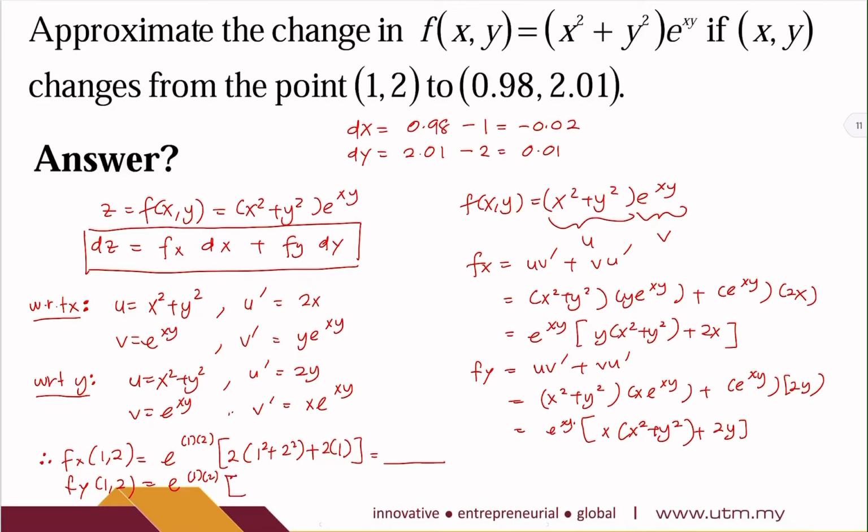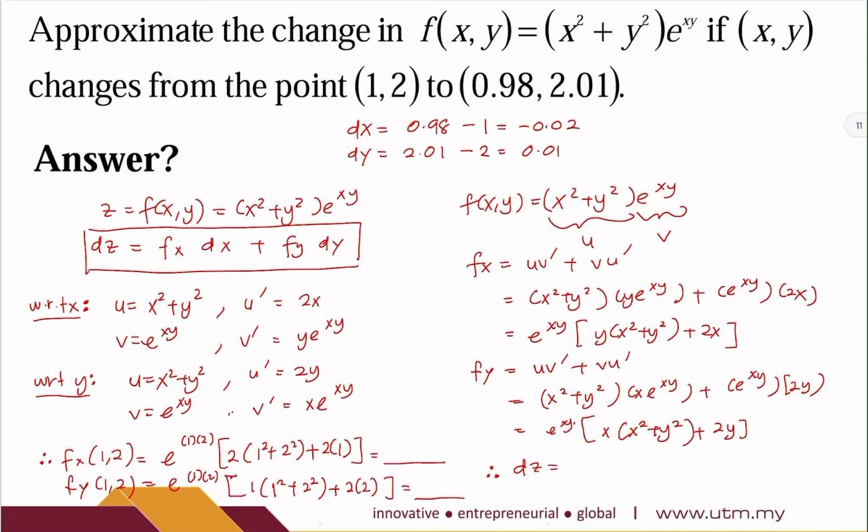So you will have x is 1, then 1 squared plus 2 squared, plus 2, y is 2. So you obtain this value. Therefore your dz is equal to, you need to use your calculator to get the value of f_x(1, 2) here.